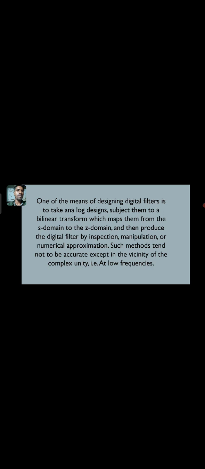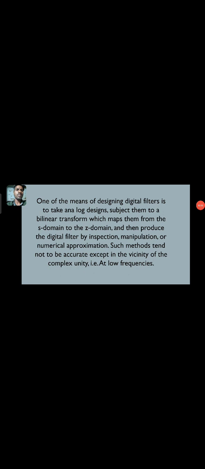One of the means of designing digital filters is to take an analog design, subject it to a bilinear transform which maps it from the S domain to the Z domain, and then produce the digital filter by inspections, manipulations, or numerical approximations.